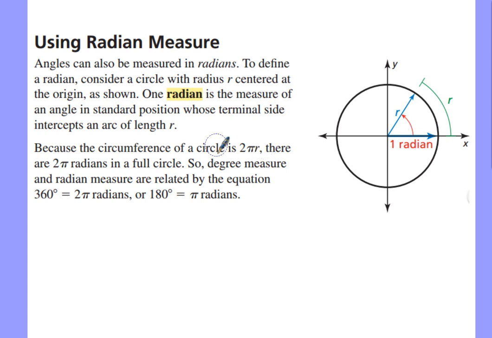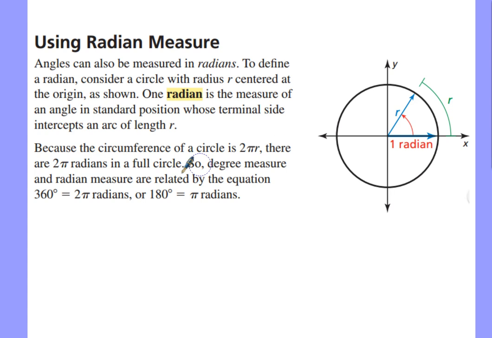So 1 radian, simply put, is the measure of an angle in standard position whose terminal side intercepts an arc of length r. I hope this slide was a little easier to understand than what I personally think is a more confusing technical definition. Again, the video that precedes this makes it easier to see what a radian is, based on the technology they use in it.